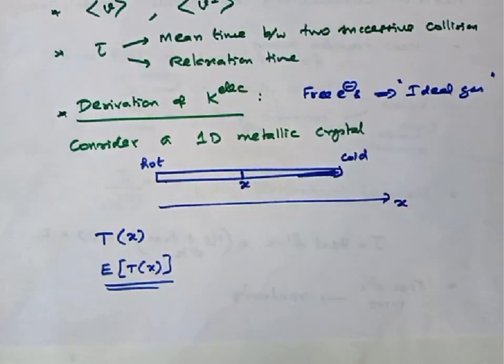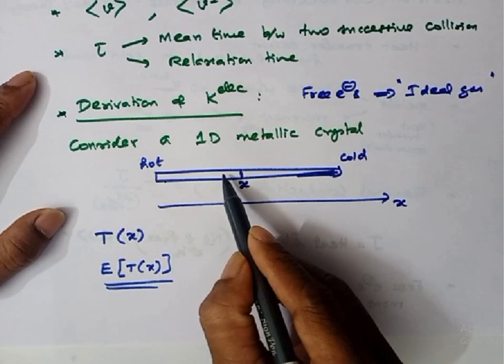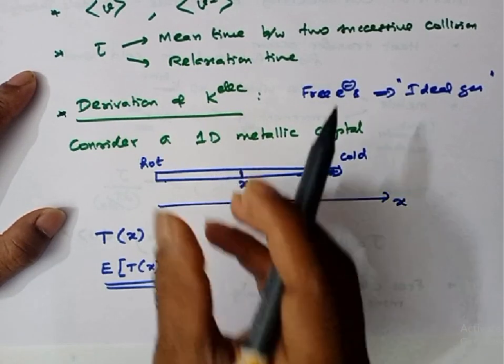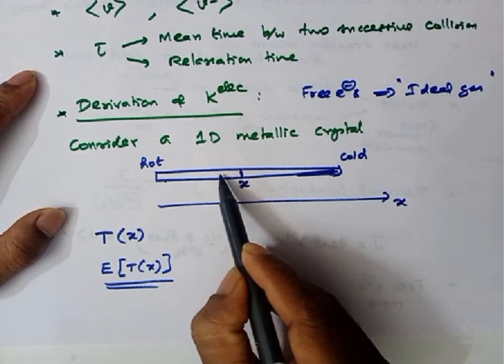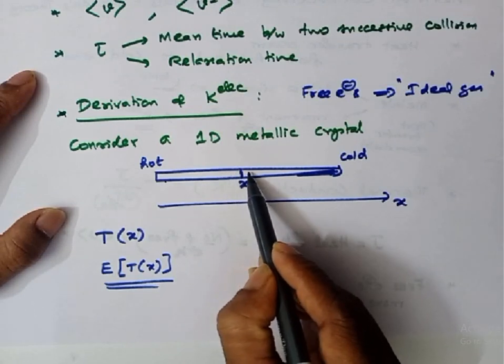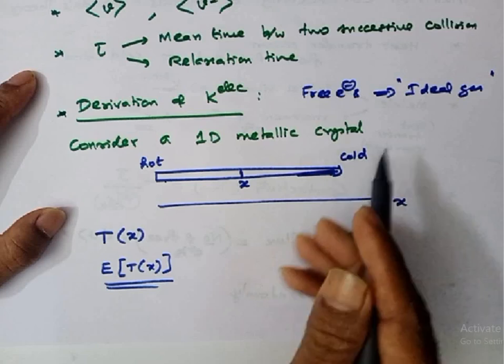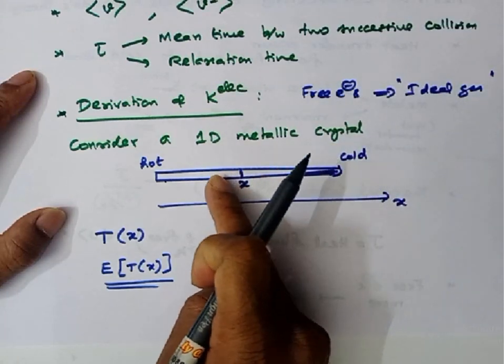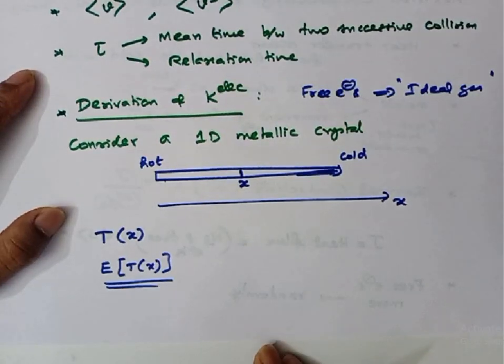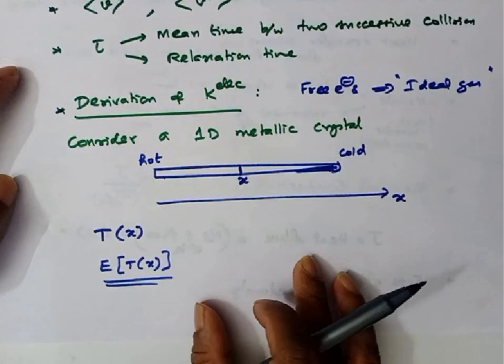So this is the approach given by Drude. What is the energy of the free electron? How many free electrons having some energy are moving from the hot end and crossing the point X? Then how many free electrons having some energy are moving from the cold end to the hot end and crossing X? This is what we are going to focus on.